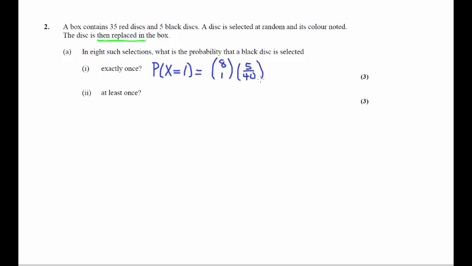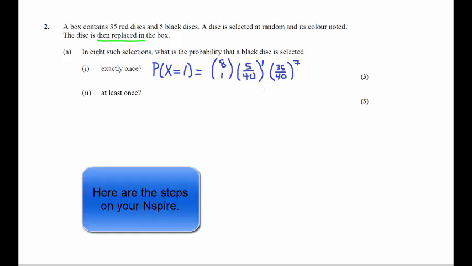We can make that a decimal if we want, and we're only going to want that to happen one time, and then the other 7 times that we put our hand in the box, we want to pick one of these 35 red discs. And from that, we can then calculate what the probability is.